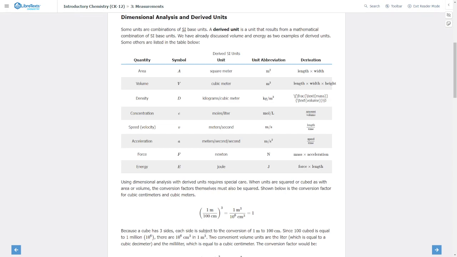Except maybe force and acceleration, and speed, those physics ones don't come up as much, but you should know how to find them. And there's all the calculations on the right side. That one for density seems to be a little screwed up, but that's just D equals m over v.